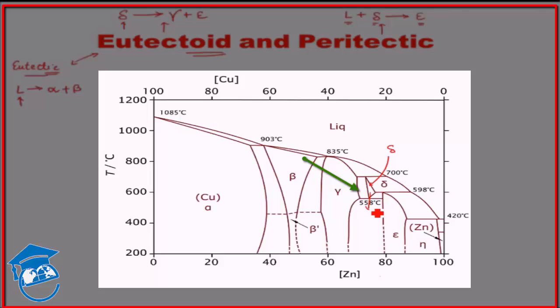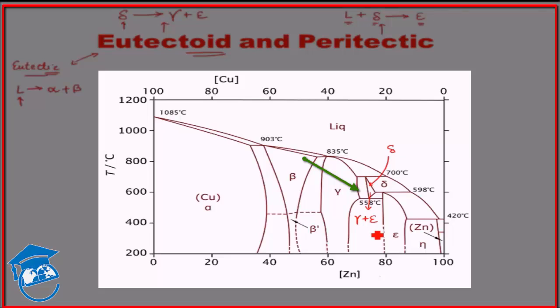This transformation is the invariant transformation, which is giving rise to gamma and epsilon phases. So this reaction, delta solid giving rise to gamma and epsilon solid phases, is the eutectoid reaction.